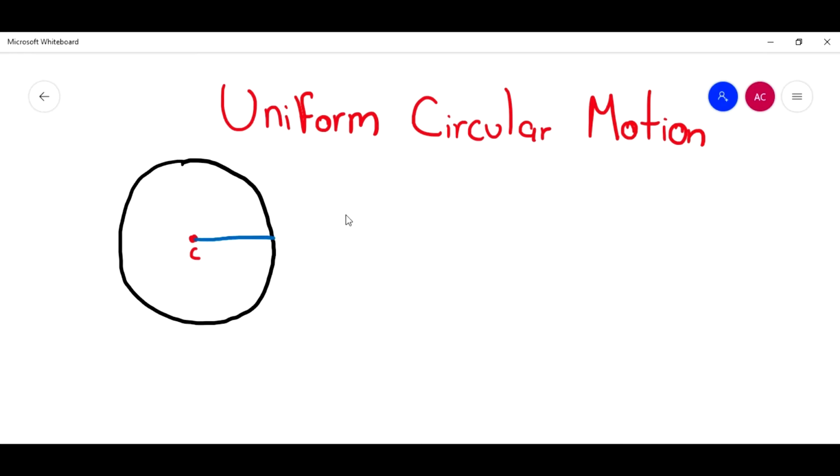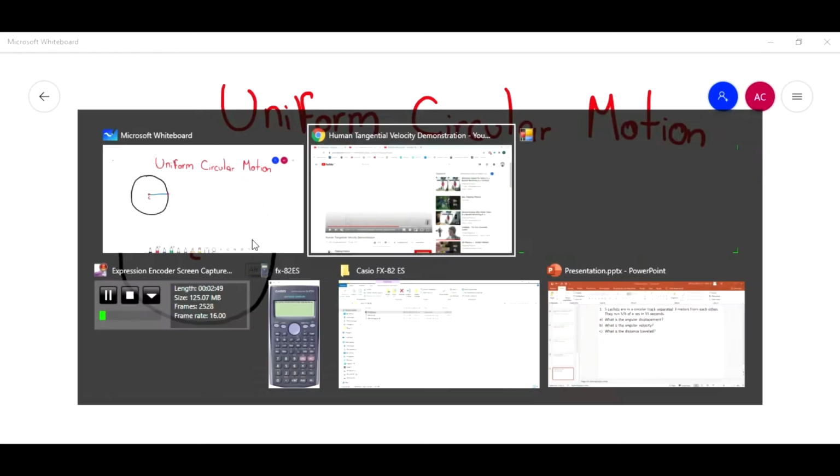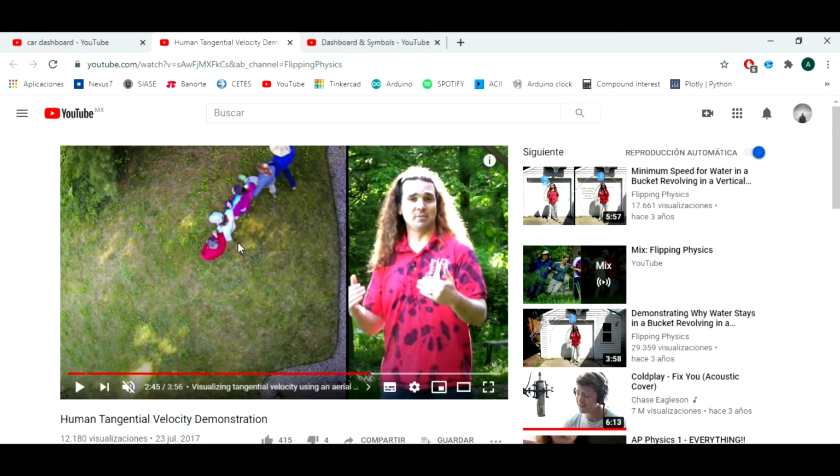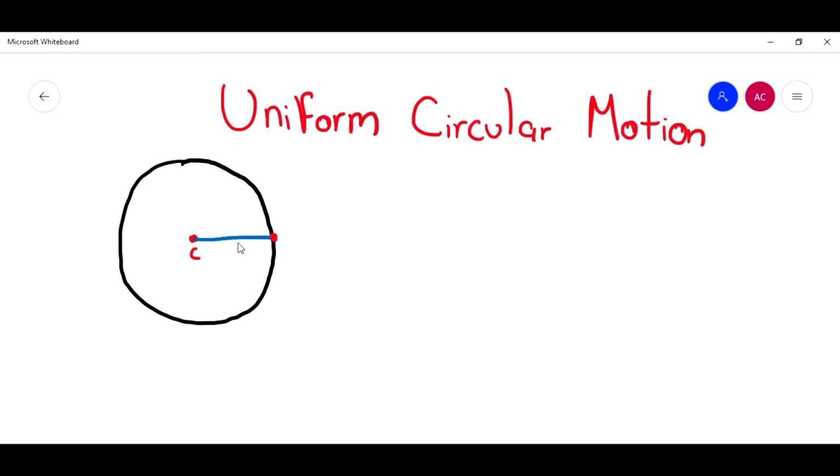Here I have the last person. At another certain time, I'm going to have that same line over here, and the last person is over here. This line is going to be the radius, this is going to be the angle, and this is going to be the arc.